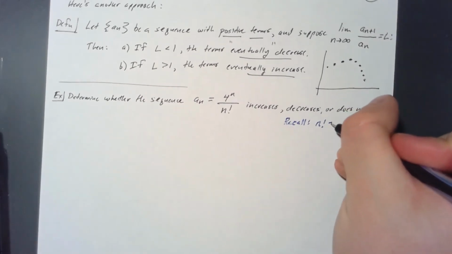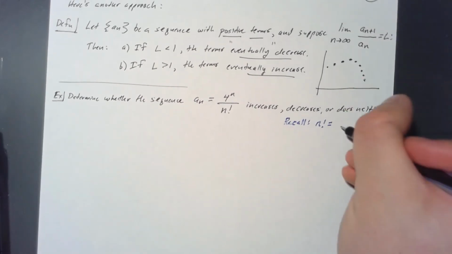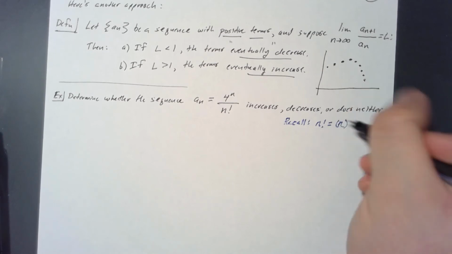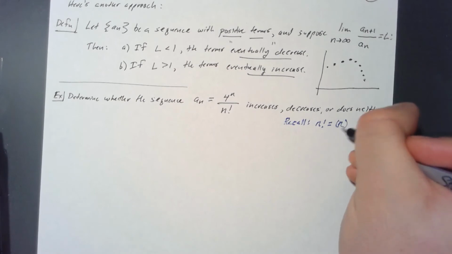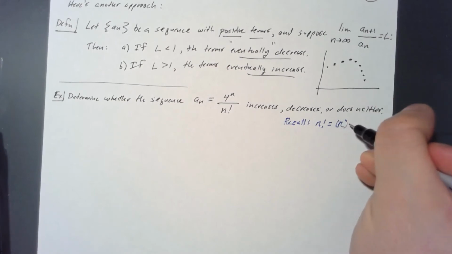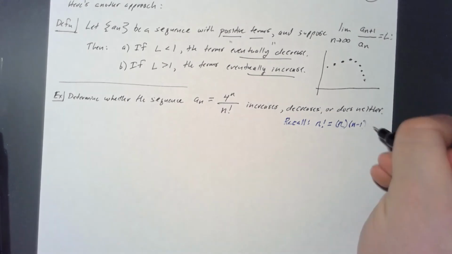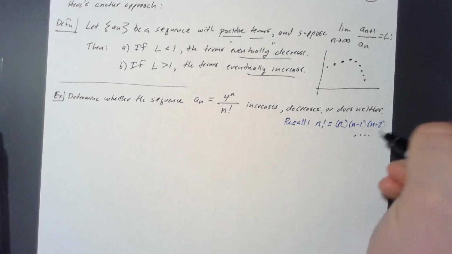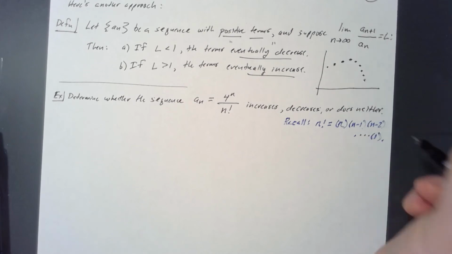So if I were to list out the terms of n factorial, that's going to be n times the next one less than it. So it's going to be that term times 1 less than that, so that'll be n minus 1. Then 1 less than that, n minus 2, times all the way down to 1.